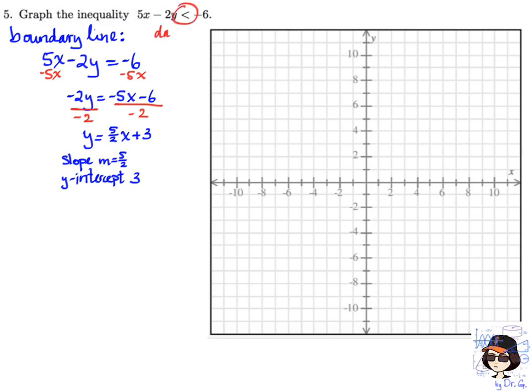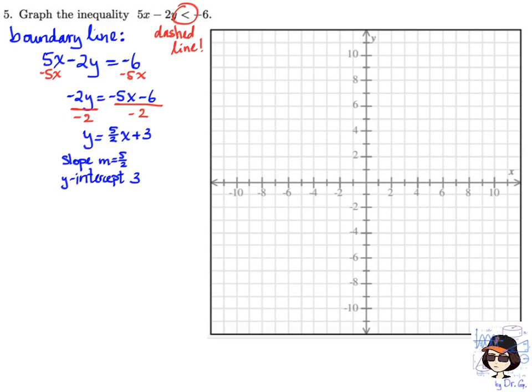And we look at that symbol and we see it has to be dashed or dotted because it's not less than or equal to. So we're shading in a region in the plane, and we want to make sure we're not including the points that lie on that line.